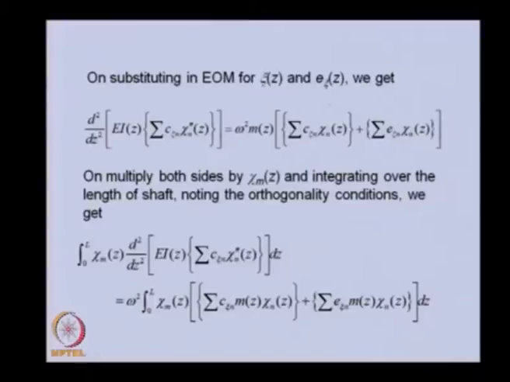Now, we will multiply both sides of this equation by the eigenfunction of the mth mode, integrate over the length of the shaft, and note the orthogonality condition to simplify the expression. Once we multiply this by Xm, this term will give us this, and here again we are multiplying by this and integrating over the length of the shaft.